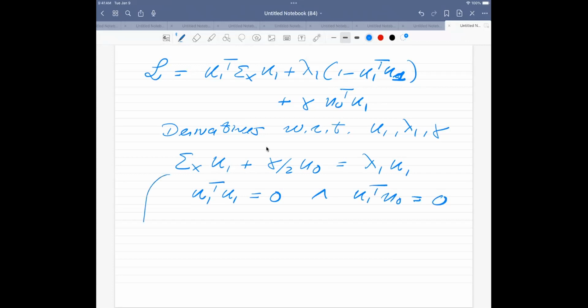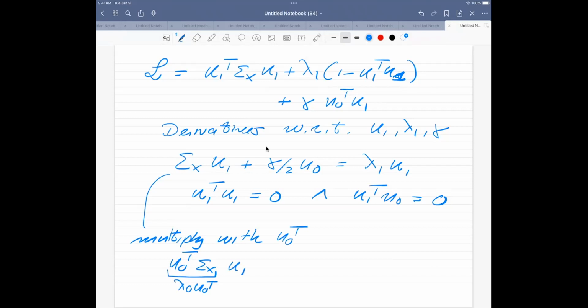Now I take this equation and multiply it with u0 transpose. If I do that, then I have u0 transpose times sigma x. This is also an eigenvector of sigma x, so this gives me lambda 0 u0 transpose, multiplied with u1.